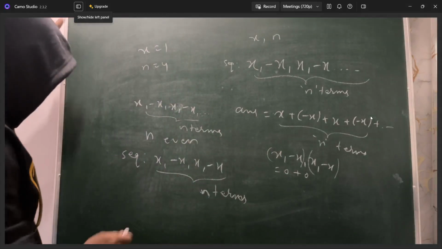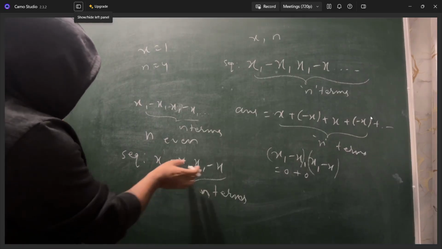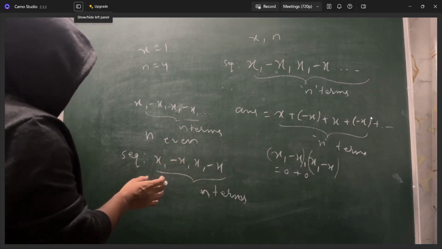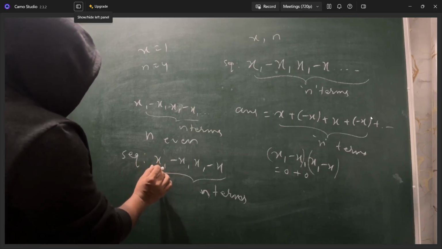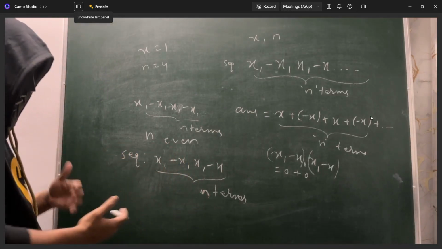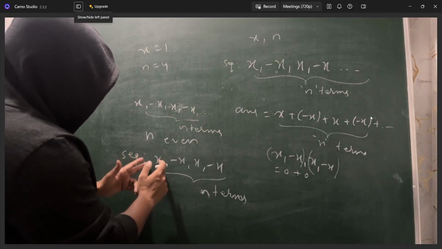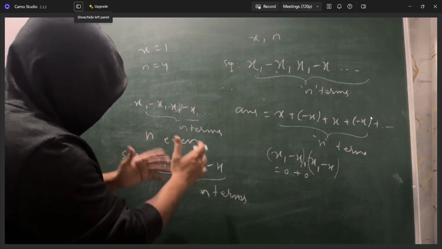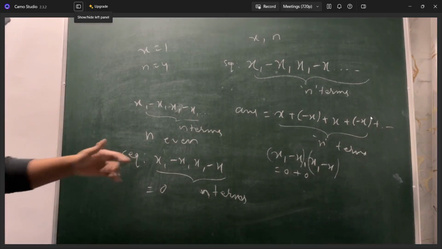So whenever n is even, you don't have any extra x or minus x. Both x and minus x occur the same number of times, and since both occurrences are equal, your answer is going to be 0. I think you understood this.